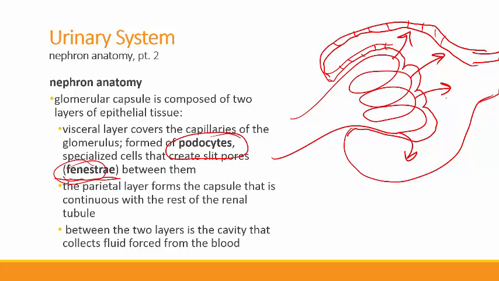So I like to think of this space as being outside the body. This is where we're putting all the stuff that will be eliminated. I'm sitting here drawing while I'm talking with you too. But here's where we put the fluids that are going to be eliminated from the body. So anything that is in this space here is headed out of the body.